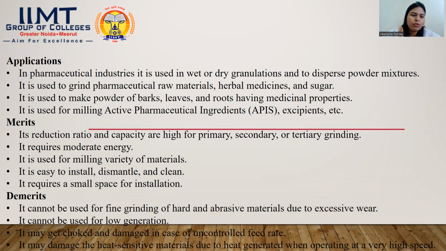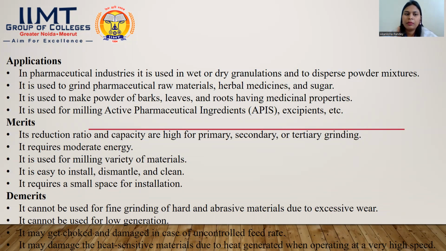Demerits: it cannot be used for fine grinding of hard or abrasive material. If we talk about the very toughest, very hardest compounds, it has the demerit that it cannot produce a very fine powder for those components, or it will also get choked.